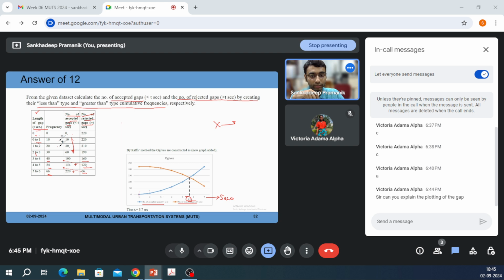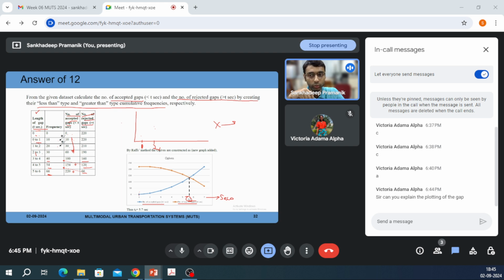So you can see that there is an increasing trend. If we plot, for 0 it is 0, then for 1 if you consider 10, then for 2 it is 30, so this may be here.